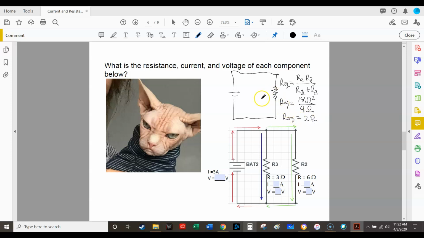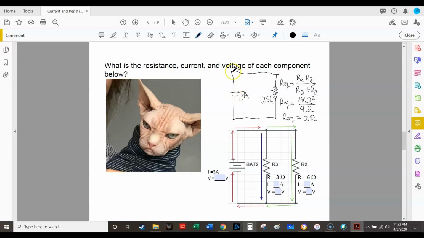So we know now that this is a 2 ohm resistor. The combination of those two resistors is a 2 ohm resistor. And I'm going to draw that ohm symbol a little bit better. We know this is getting a current of 3 amps.